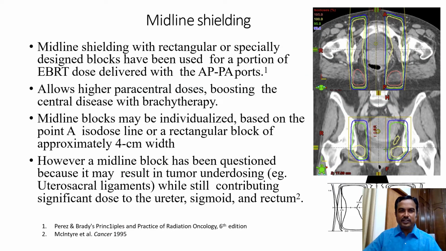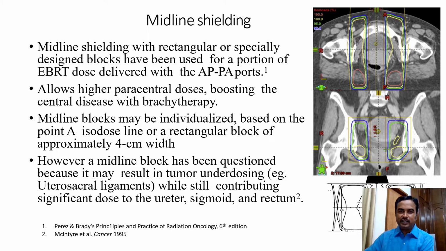Apart from this regular treatment, we also used to do midline shielding in conventional treatments, because these midline shields were used to boost the nodal areas, mostly after the brachytherapy. We used to make customized blocks most of the time, or we use standard blocks. The width of this block in the central area is around 4 centimeters.